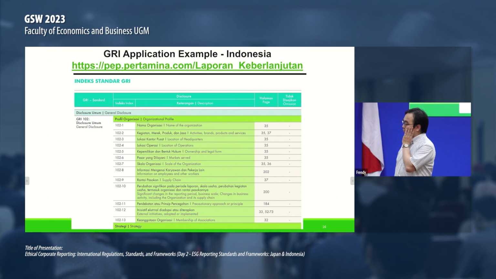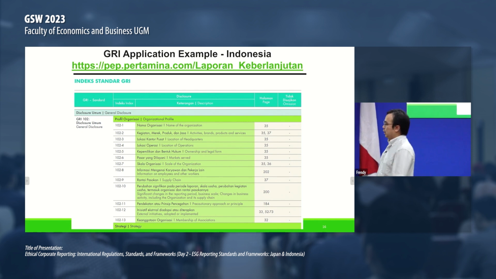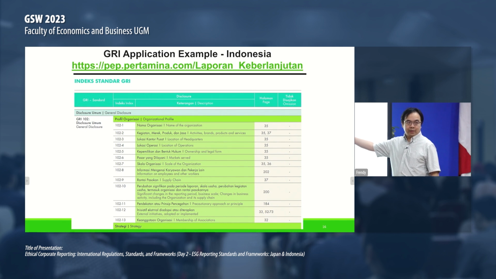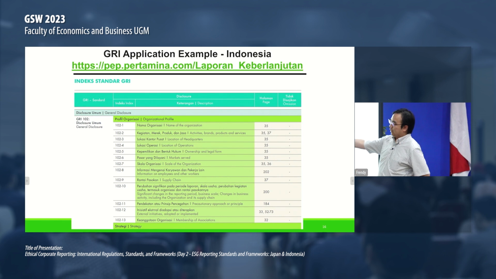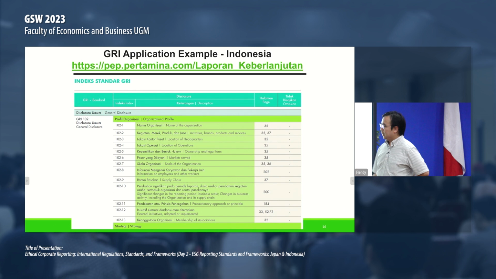If you look at the pattern here, how is it organized? We have a table, and then we have the standards that are required by the GRI itself. So we start from 102, and here's the individual item.